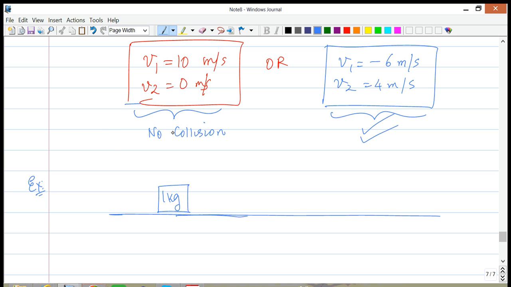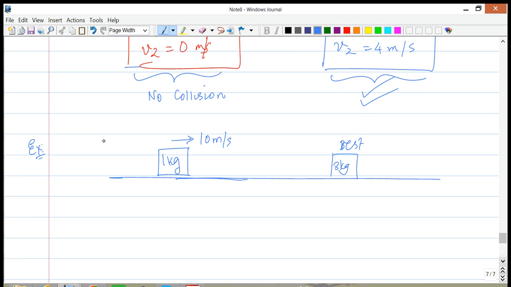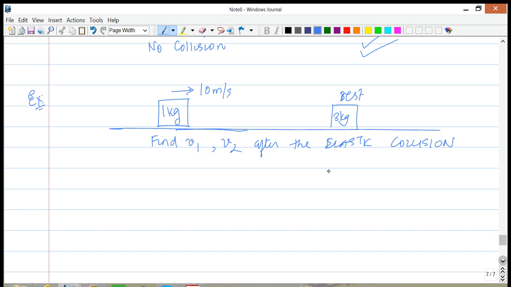Alright, so here's one of the problems. You have a 1 kg block moving to the right at 10 meters per second, and you have a 3 kg block that is at rest, and the question is find V1, V2 after the elastic collision. Okay, and then once you get all this done, repeat this for this problem.